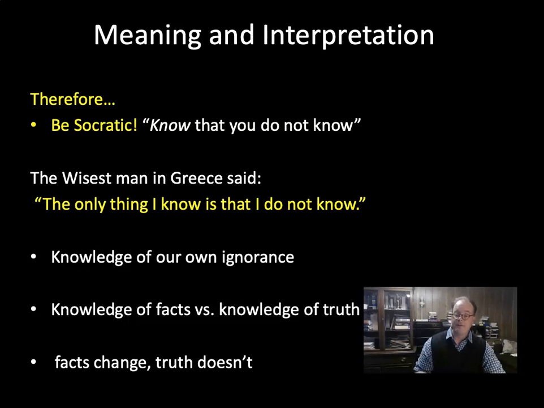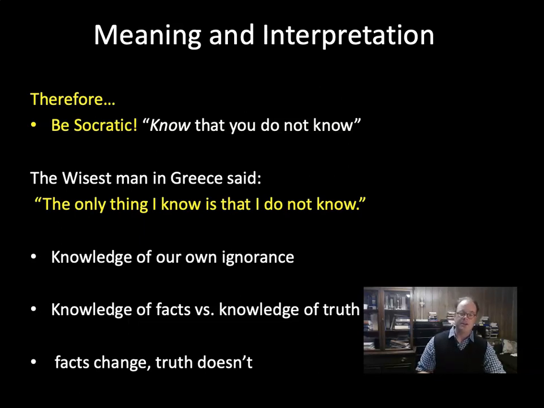Okay, so therefore, the solution to this problem of ignorance and arrogance is to be Socratic, to know that you don't know. Knowledge of one's own ignorance is the first step toward knowledge. If you're ignorant, but you think you know when you actually don't, you are not going to pursue your understanding, right? Socrates, the famous Greek philosopher in the high classical period of ancient Greece, 5th century BC, said, the only thing that I know is that I do not know.